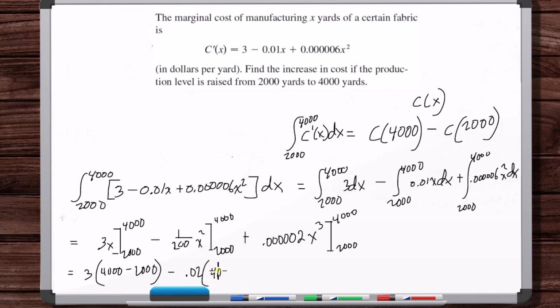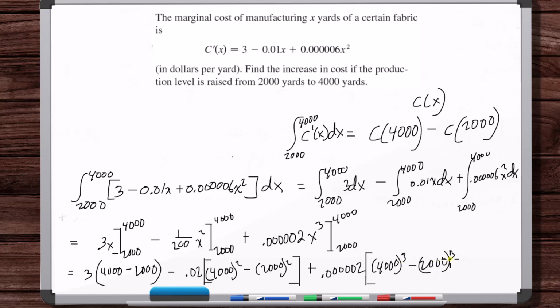Now 4,000 squared minus 2,000 squared, and then 4,000 cubed minus 2,000 cubed.